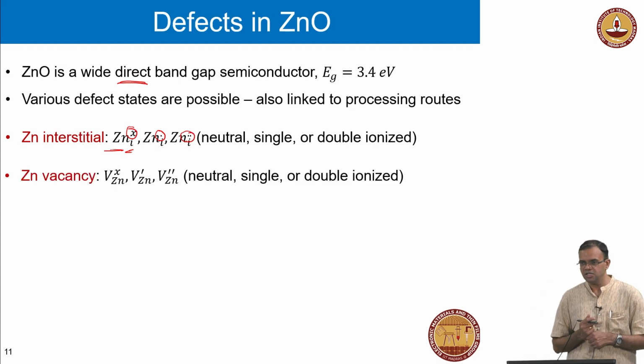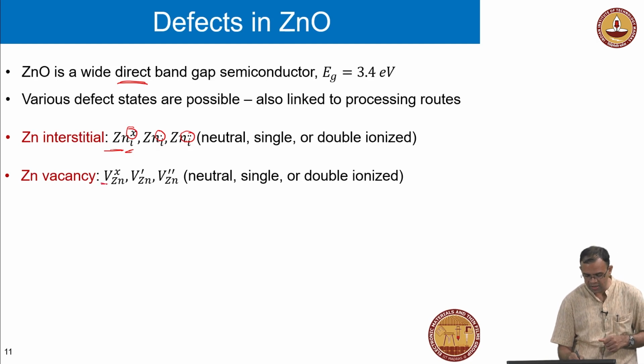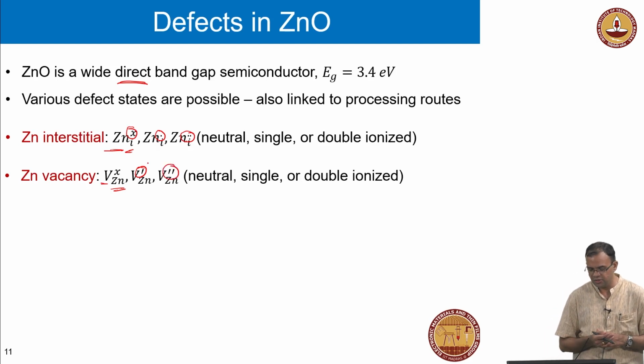Instead of a zinc interstitial, I can have a zinc vacancy, so I am removing the zinc atom from the lattice. So V represents the vacancy, and I am removing the zinc. The vacancy can be neutral, or I can have one negative charge, because remember originally it was +2 and I am removing the zinc there, or I can have two negative charges.